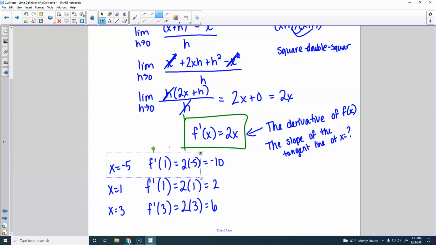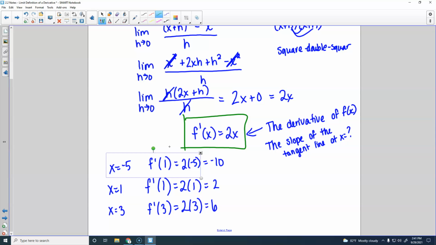So if we were doing this problem right here that Thomas did for us, instead of using 2x squared minus 3 minus 5 over x minus 2, we could have used this formula: 2x plus h squared minus 3 minus 2x squared minus 3 all over h, limit as h approaches 0.